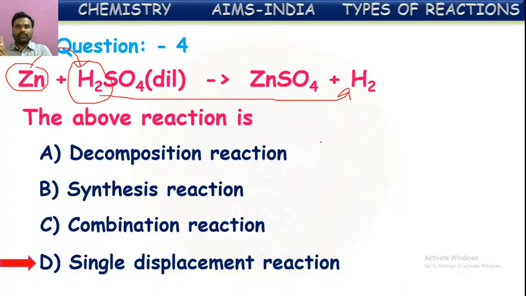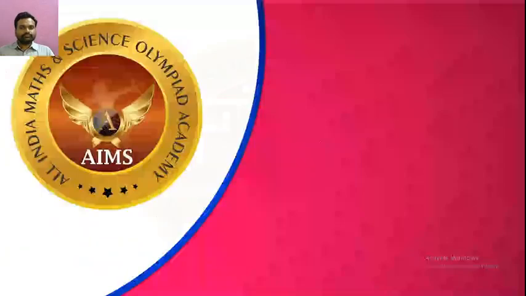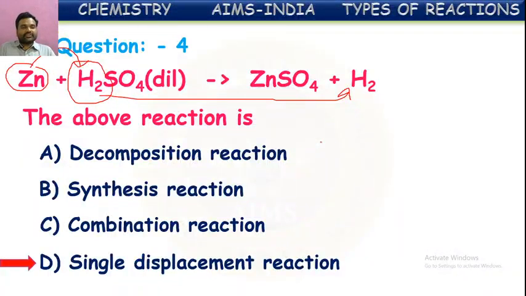This reaction is called a displacement reaction, also called a simple displacement reaction. So D is the correct answer. So these are some practice questions on the types of chemical reactions. Hope you understood the four types of chemical reactions.